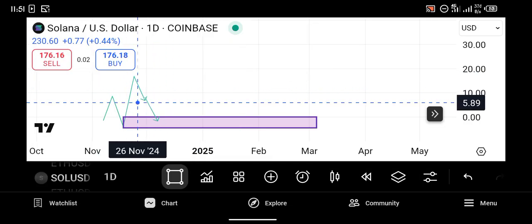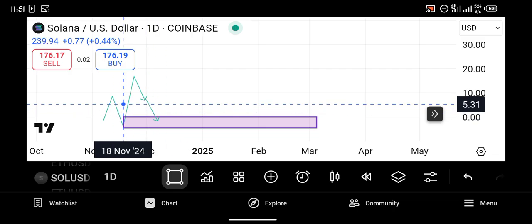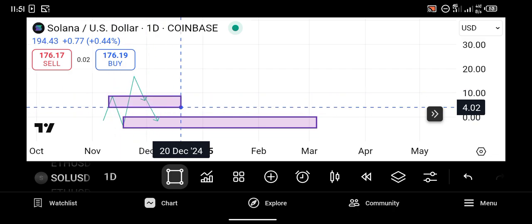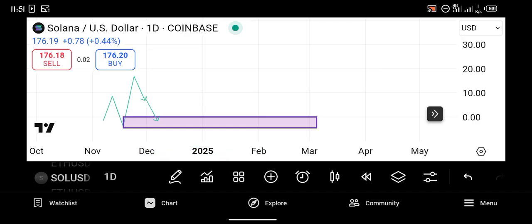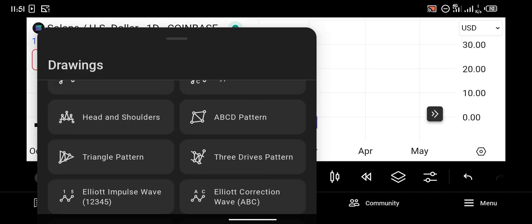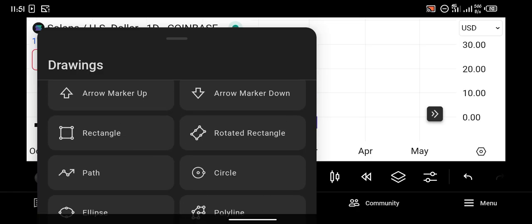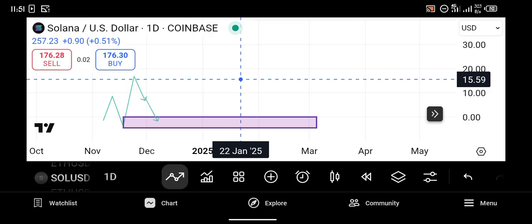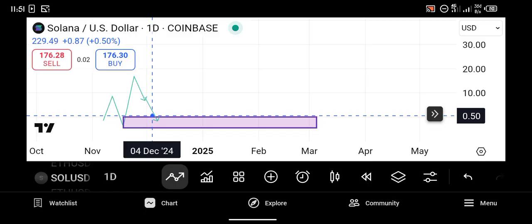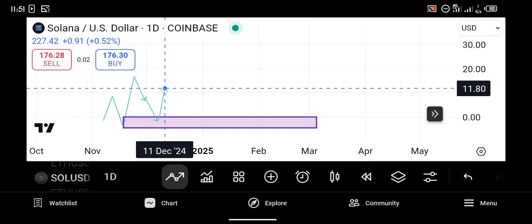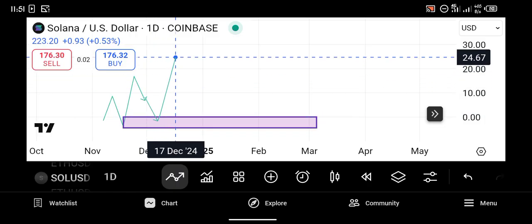This can be under zone now. Let's say for instance here is under demand zone. Or wait, not to confuse you guys. So now it keeps on going.